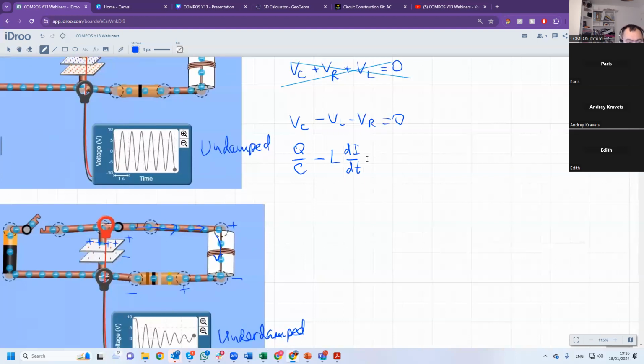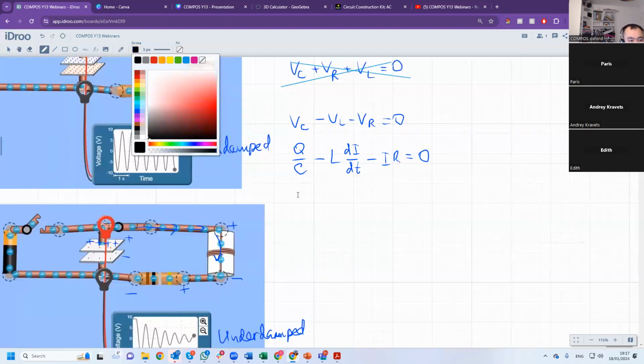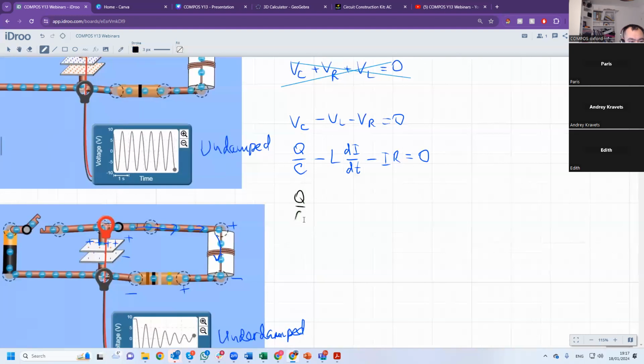So yeah, that's correct. Minus VR, which is IR, equals 0. Now you can write this as Q over C minus L d squared Q over dt squared.